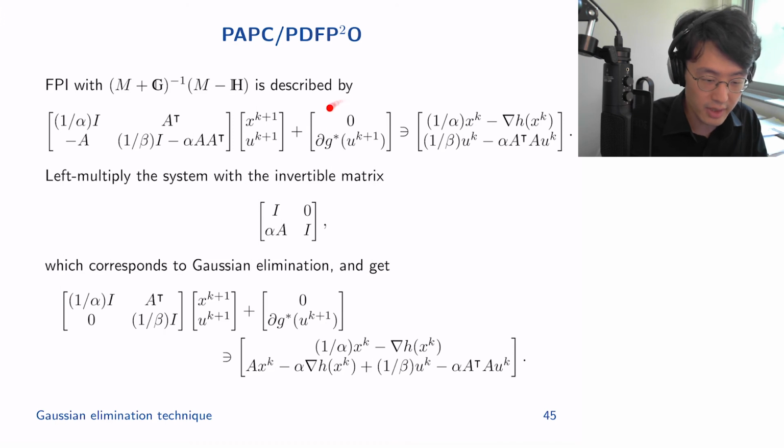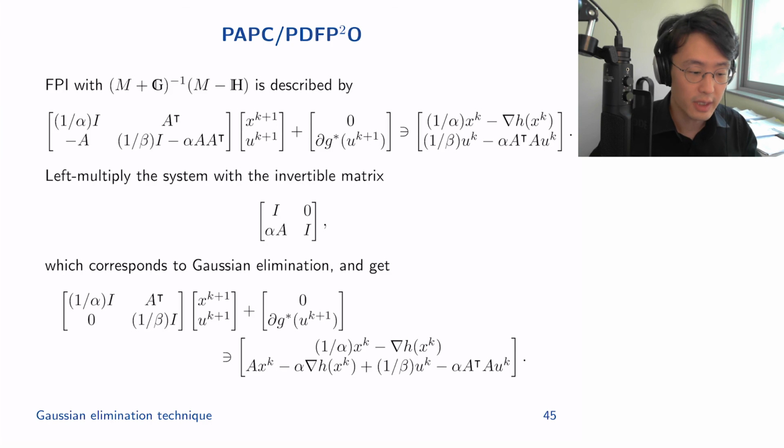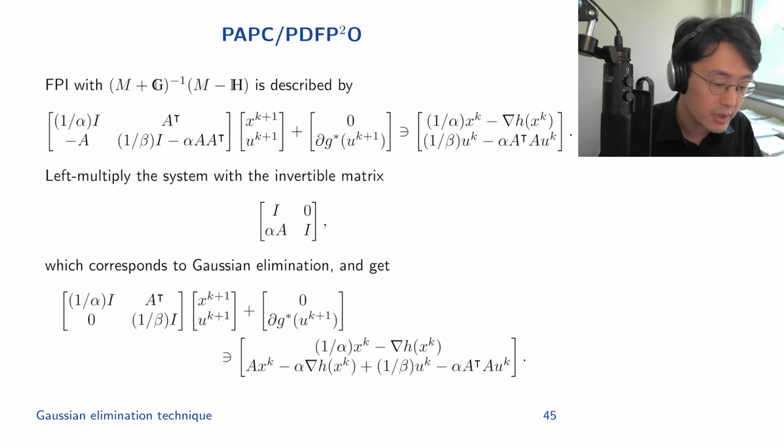This operator becomes this, and then this right-hand side vector becomes this thing. I'm skipping over the details of the calculations, so if you're curious, you may want to pause the video, carry out the calculations yourselves, verify that you indeed get the same result, and then continue with the video. In any case, now that we have a triangular structure in our system of inclusions, we are now able to solve for uk first, and then we can use that result to solve for xk plus 1.